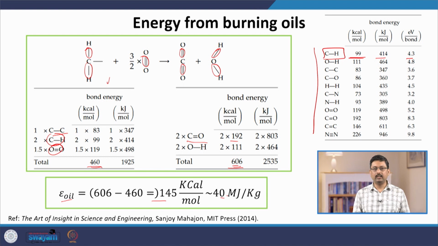So, this is the energy source that is driving the car.